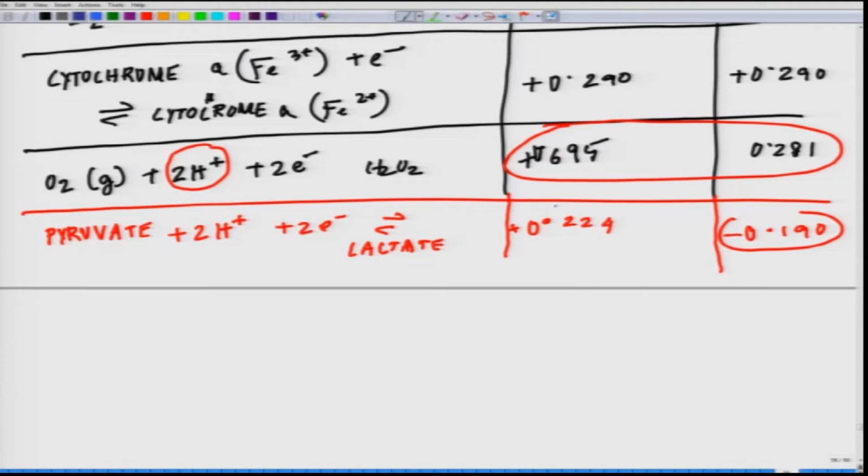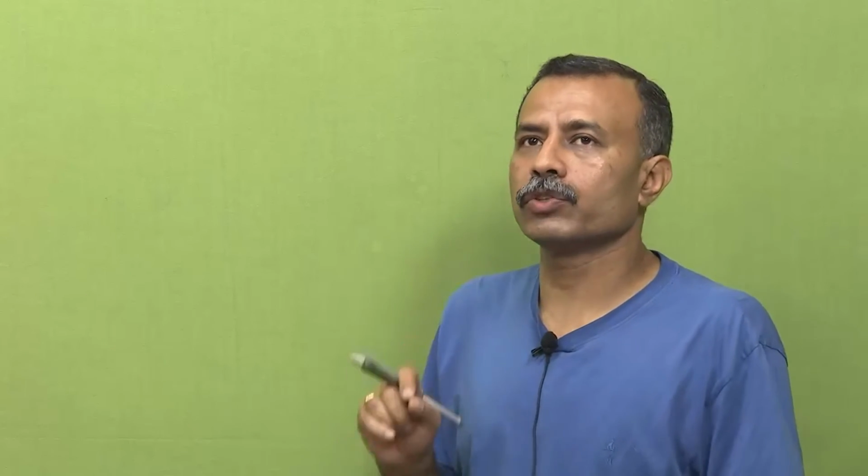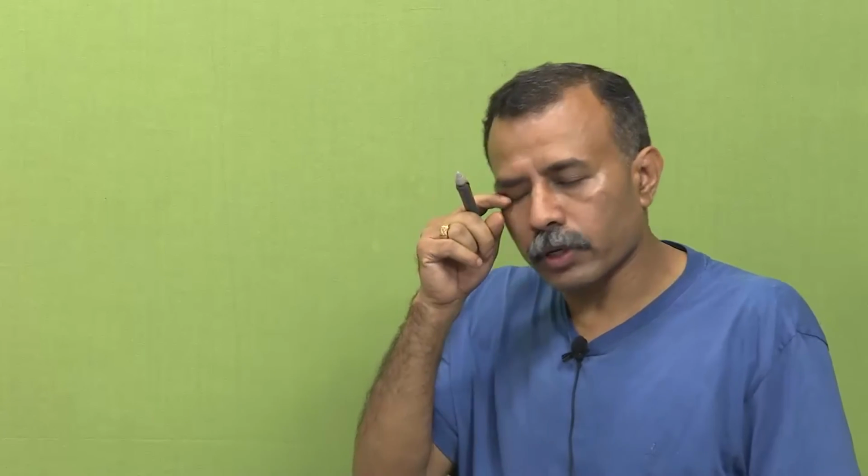Now, look at the difference. I will give you the list of all these things. What is important for bioelectrochemists is to understand the concept of E0 prime, or the formal potential, because this is the potential which we will be using in most of the electrodes time and again.